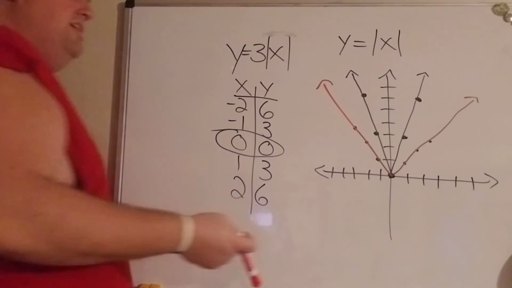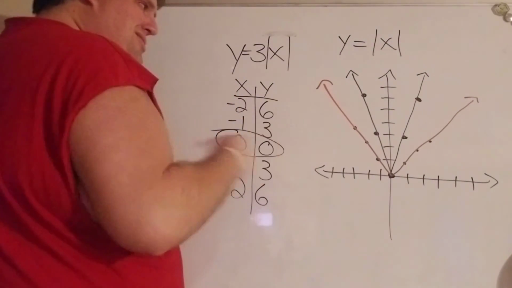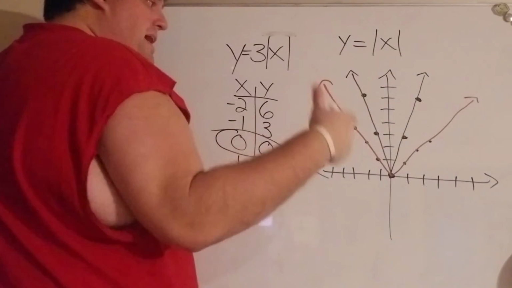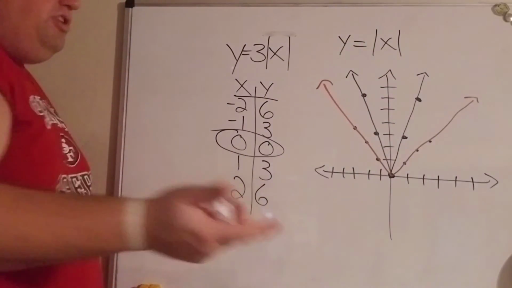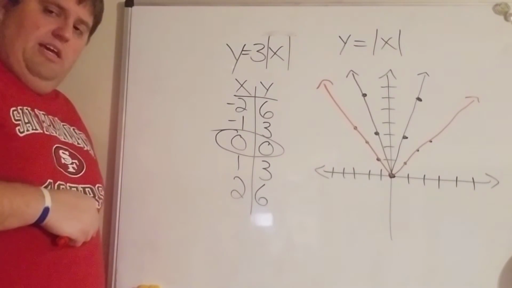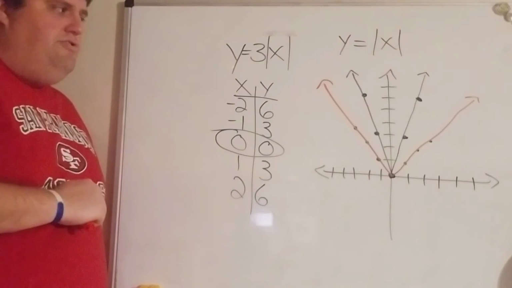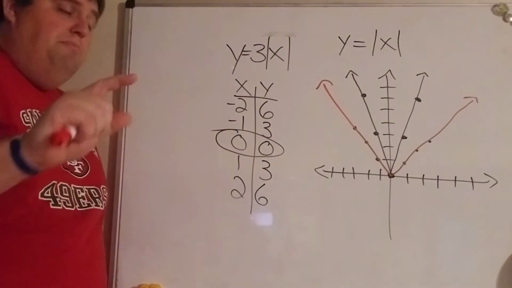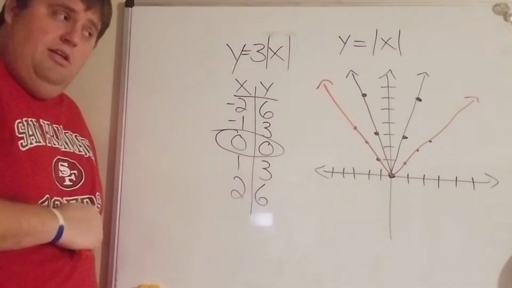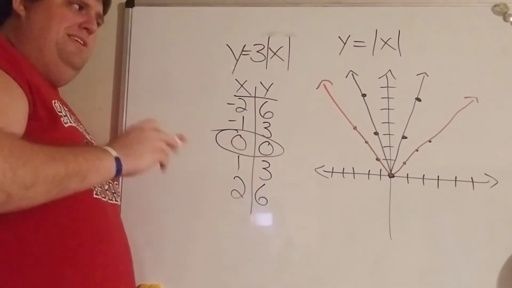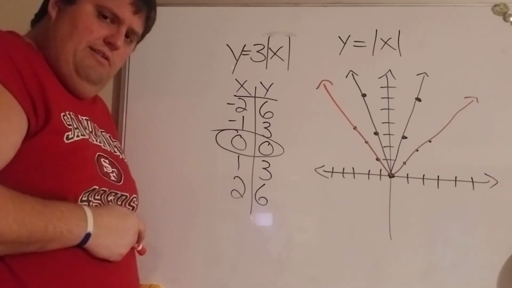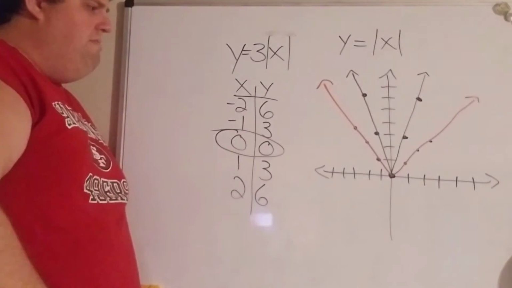But my range is also not going to change, which is interesting, right? Just because it stretches and it goes up at a faster pace or a slower pace, which I'll show you in a second, it's not going to change anything, right? Now, if I do some other shifts, it might change the range around. But the domain of this thing, I'm always going to be able to plug any number I want in for x here. All right, so that's just something to remember.